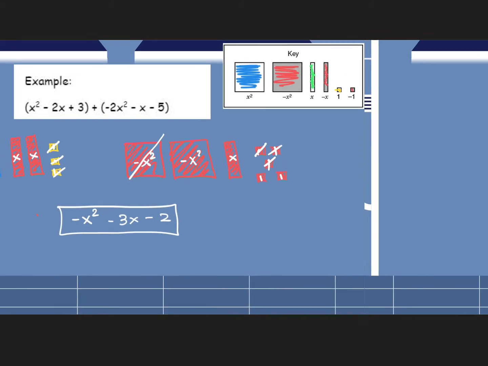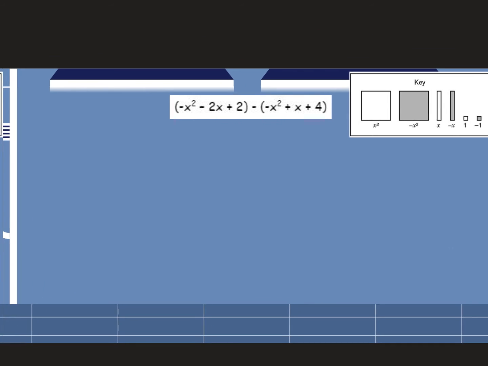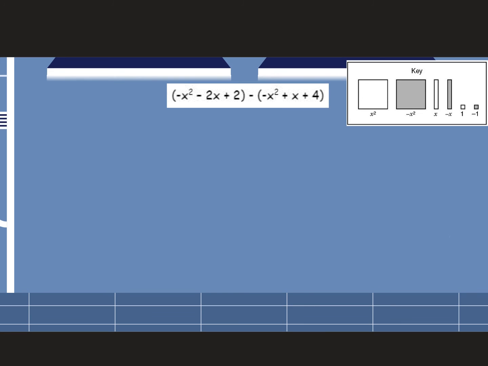All right. Let's take a look at the next example. So in the previous example, we added them together, but in this example, we are subtracting. So again, I'm going to go ahead and color code really fast to show my negatives and my positives. And again, you don't have to do this. I'm just doing this to add a little bit more color. All right. So I have negative x squared minus 2x plus 2 minus the quantity negative x squared plus x plus 4.